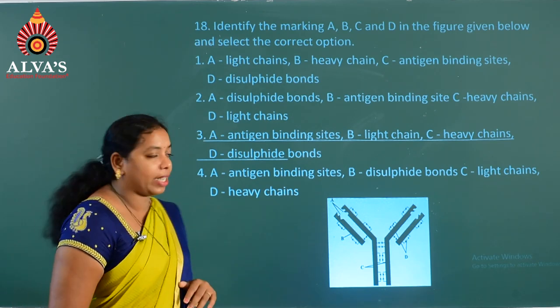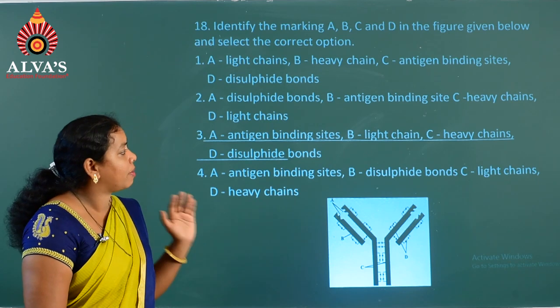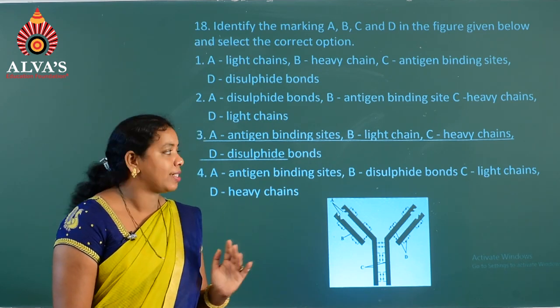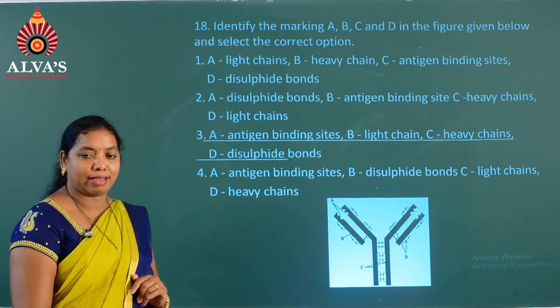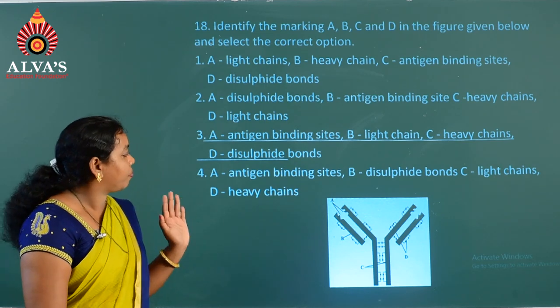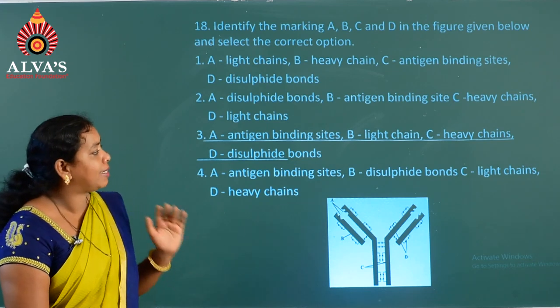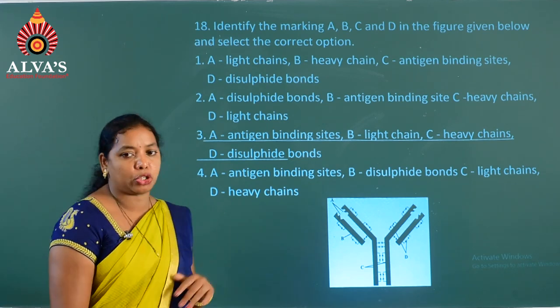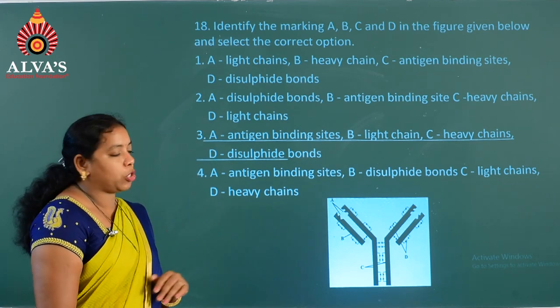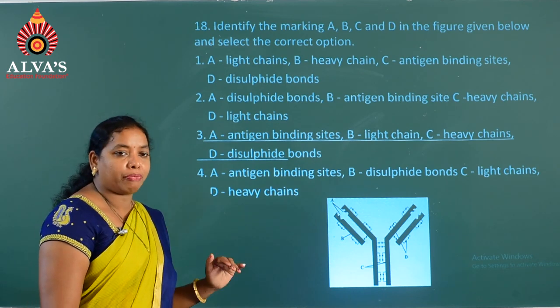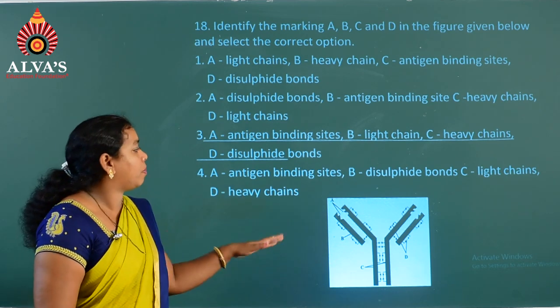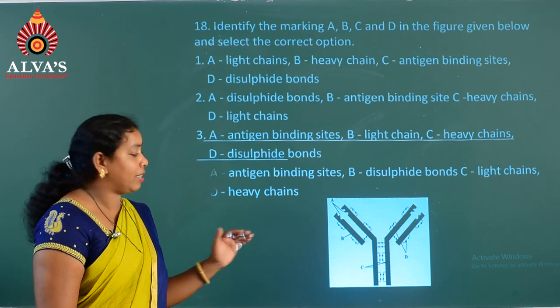Option 3: A is antigen binding site, B is light chain, C is heavy chain, and D is disulphide bond. Fourth: A is antigen binding site, B is disulphide bond, C is light chain, and D is heavy chain. In this question we have to identify the correct labeling in the diagram given here.